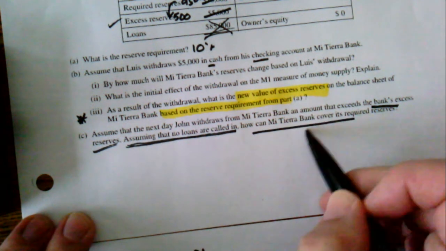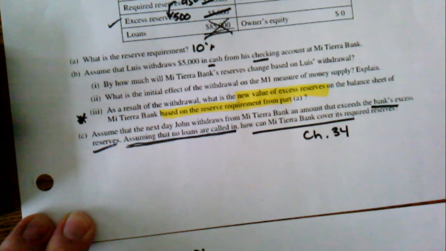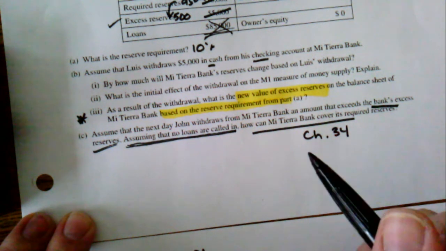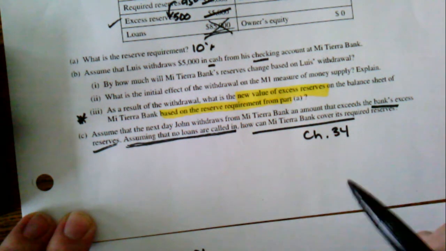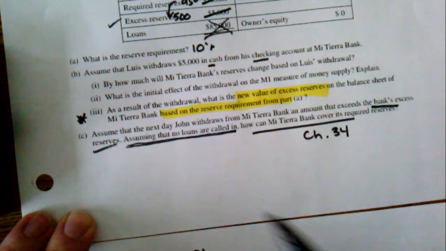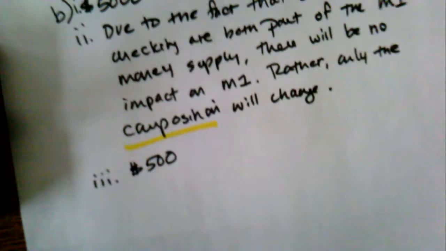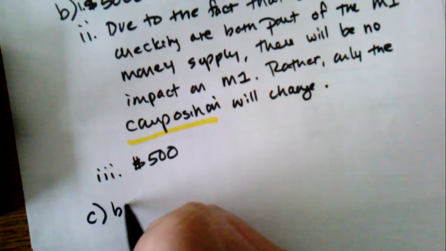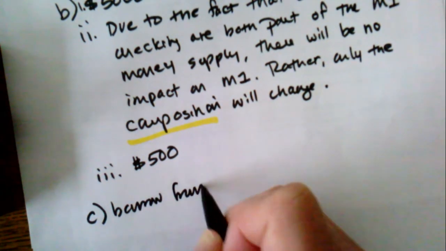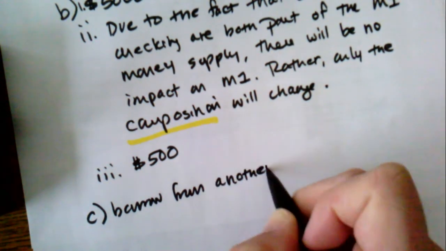First of all, this is stuff from Chapter 34. This is the monetary policy tools, and we learn with interest rates that banks can borrow from two different places if they lack the funds, and they're charged a different interest rate depending on who they borrow from. So the answer to Part C is that they could borrow from another bank.